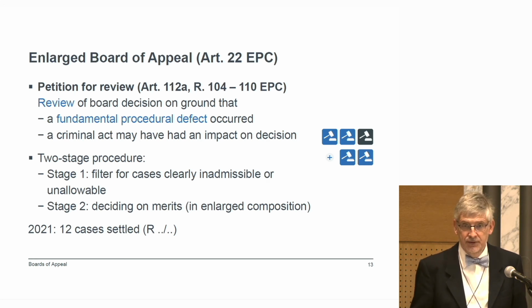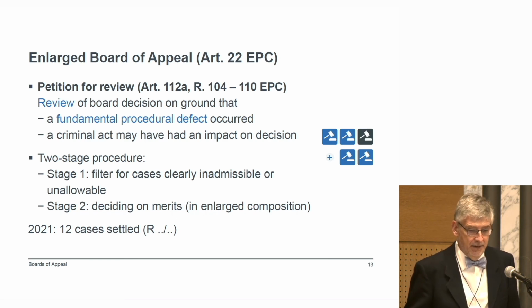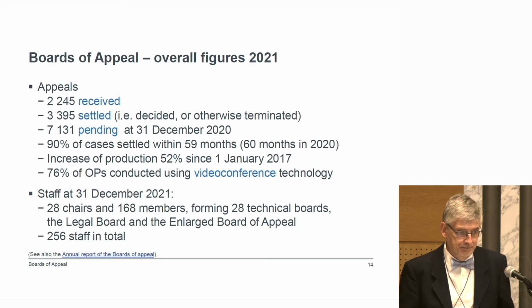We have a 2-stage procedure here: first a filter to see whether there's any substance in the petition for review, heard by the 3-member composition. If that composition considers that there is substance, then the case will be transferred to a composition with 5 members. Last year we settled 12 cases of this kind.